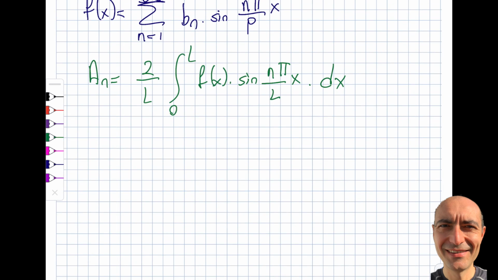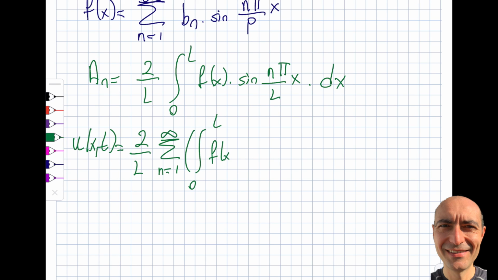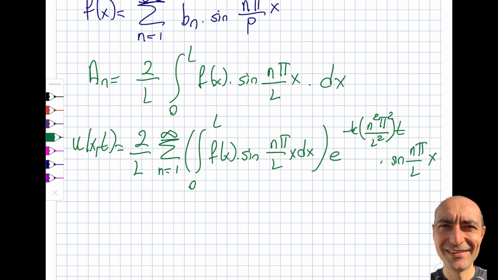So I can actually combine this for one last time, and I can write a nice equation for you. This was the whole point why I covered the Fourier sine series, so it's going to make my solution so much easier. Okay, n equal to 1 to infinity, with the integral from 0 to L, so let's put it in parentheses. This is the a_n, f of x times sine n pi by L x dx, so that's my a_n, times e to the minus k n squared pi squared by L squared t, times sine n pi by L x.